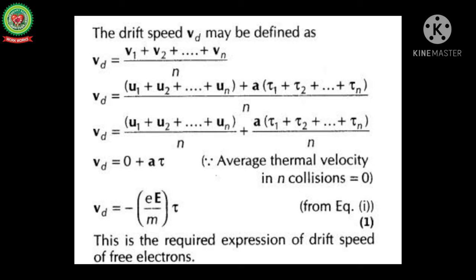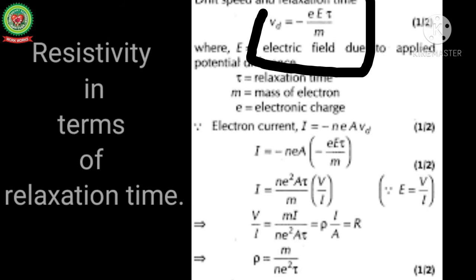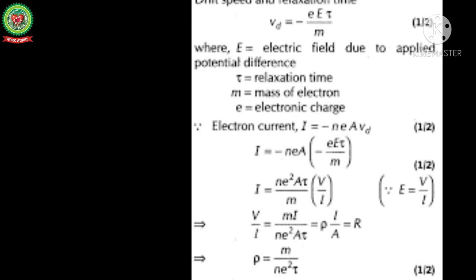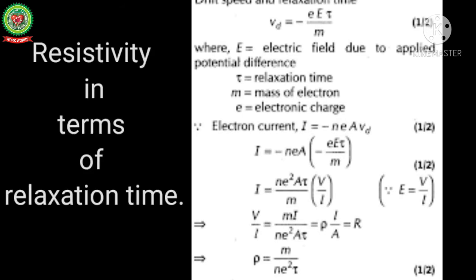So the formula becomes Vd equal to a tau, and here a is given by the formula capital E e over m. So we can say the drift velocity is equal to E e over m into tau. Here e tau over m is known as mobility of the electron. Here E is the electric field applied and small e is the electronic charge. m is mass of electron.